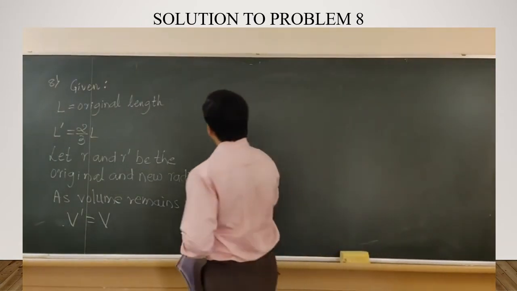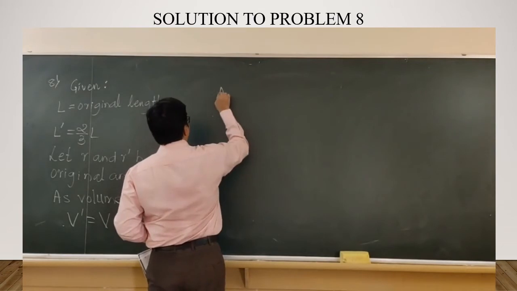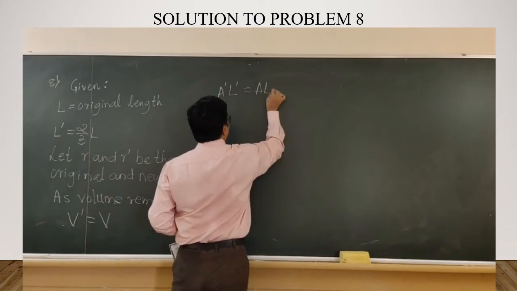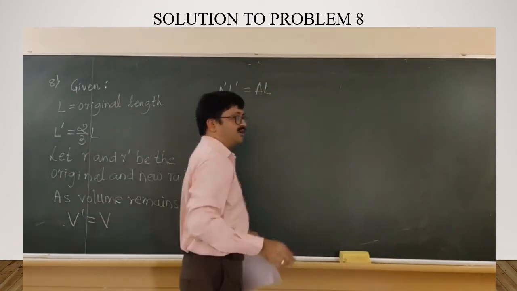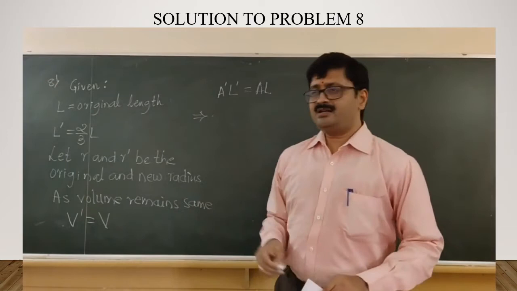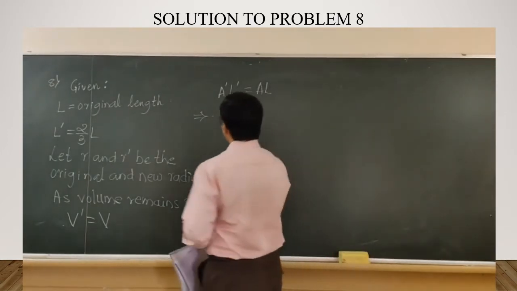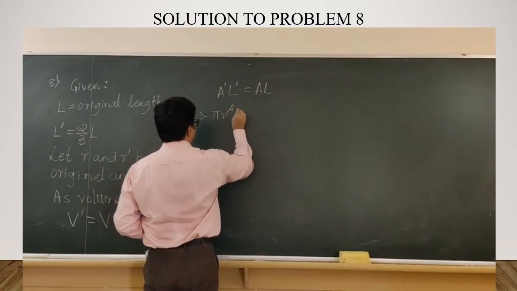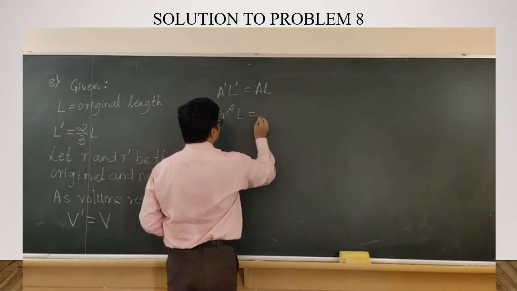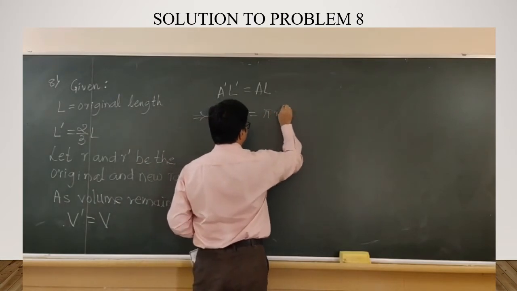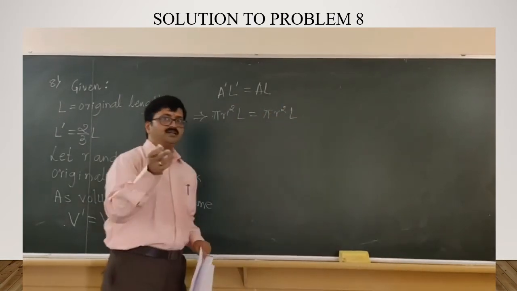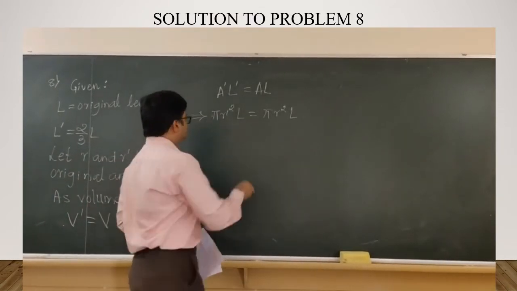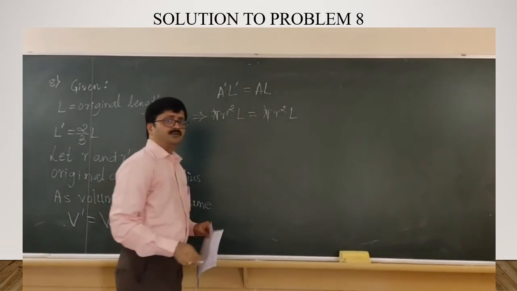So I can say area A dash into L dash is equal to A into L. Now, what is the area of this particular wire? Pi into R square. So I will write this as pi into R dash square into L dash is equal to pi into R square into L. Here we cancel off pi.